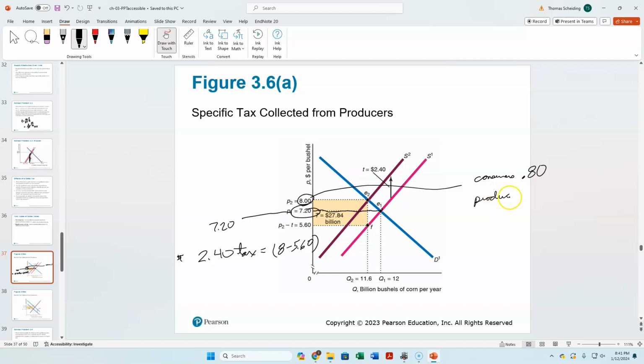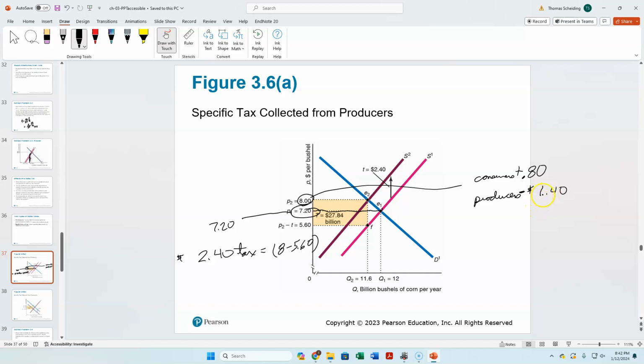And producers who used to get $7.20 are now getting $5.60, which is $1.60 less. So consumers are paying 80 cents more, and producers are ultimately receiving $1.60 less.